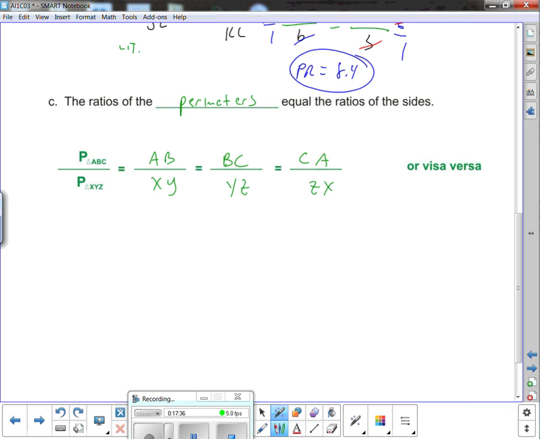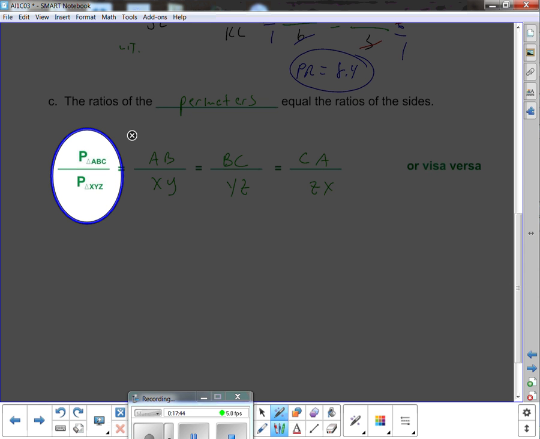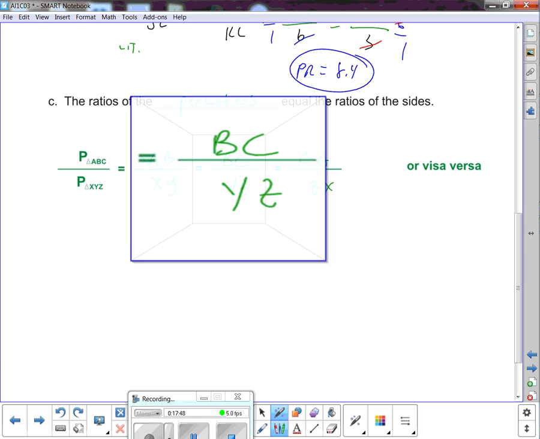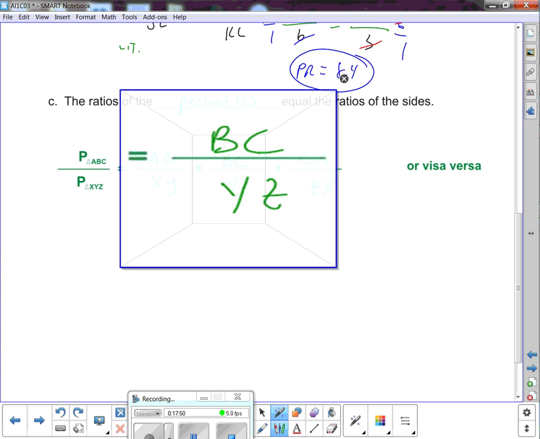So again, how would you use this? Well, in this situation, you're going to use the perimeter because that's what you're solving for, perimeter, and any one other of them. So perimeter of ABC over perimeter of XYZ equals BC over YZ, right? If that's the other ones you know.